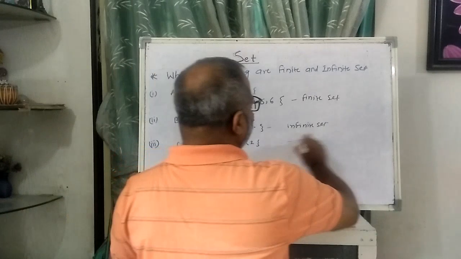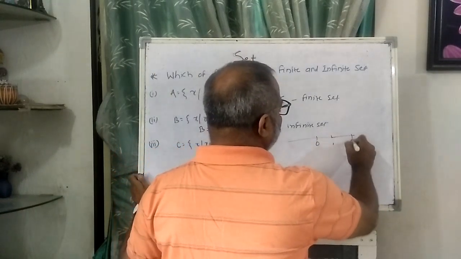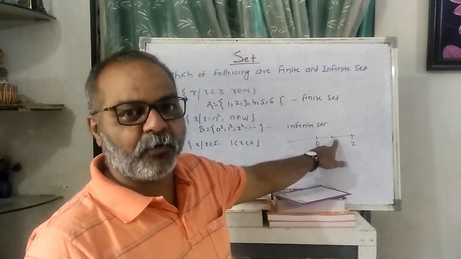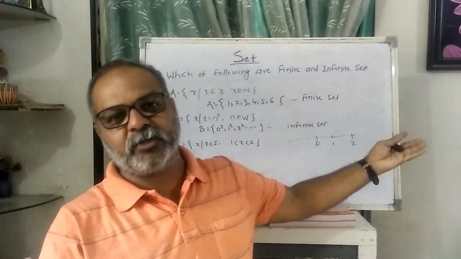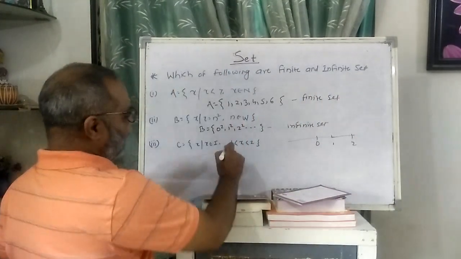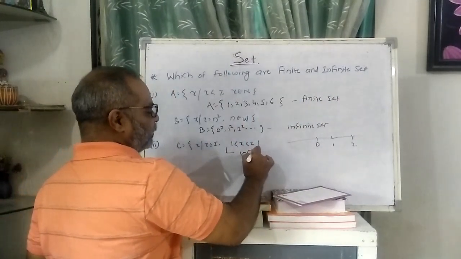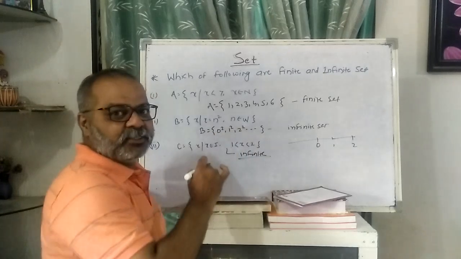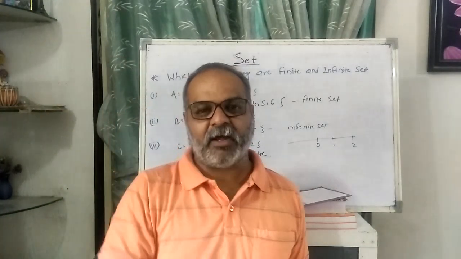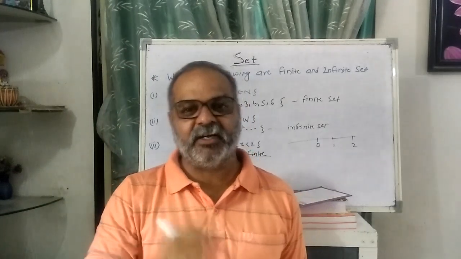We know the number line. Here is 0, here is 1, here is 2. On the number line, here is 1, 1.1, 1.12, 1.13, 1.14 and so on, 1.01, 1.02 and so on. So infinite numbers are present. So that is also infinite. Okay. So the concept is very clear. We just solved the problems of equal sets, empty set, finite set, infinite set.